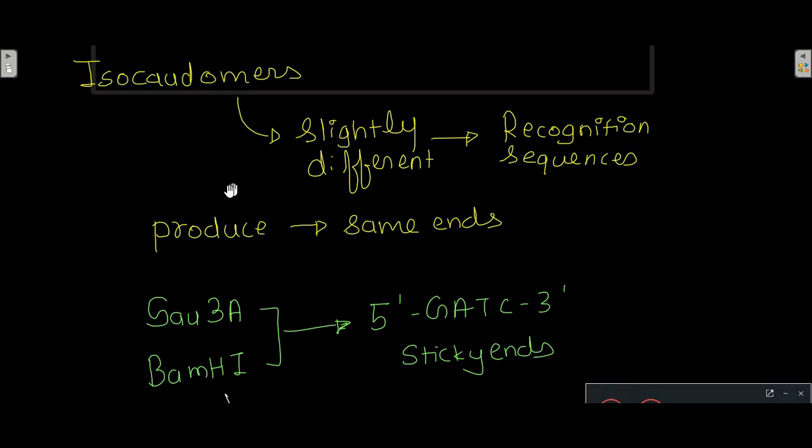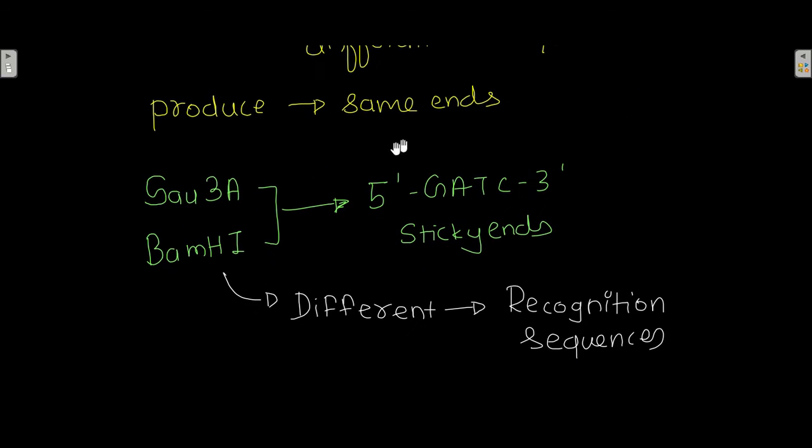And then you have isocaudomers, which have slightly different recognition sequences but produce the same ends. These are different restriction enzymes that have slightly different recognition sequences but produce the same ends. For example, Sau3AI and BamHI both produce GATC sticky ends, but they have different recognition sequences.